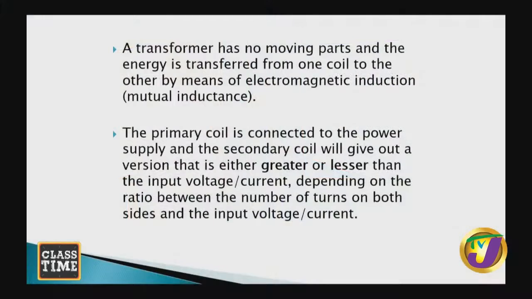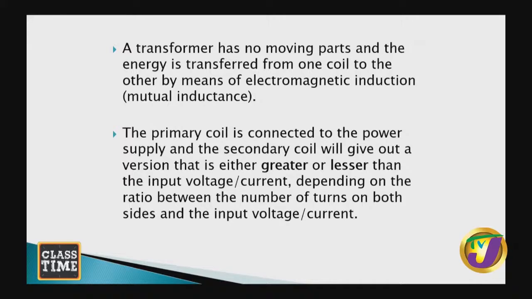The energy is transferred from one coil to another by means of electromagnetic induction. So I said mutual inductance before, and that's one. I was hoping my students would tell me that the other one is electromagnetic induction.